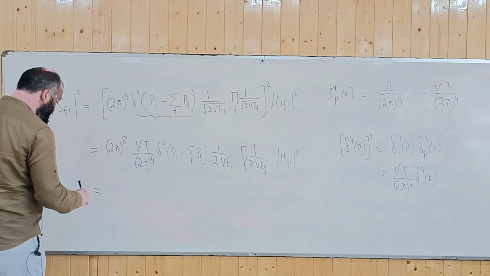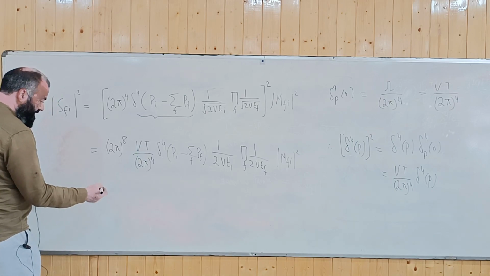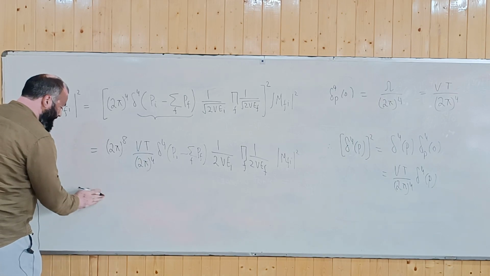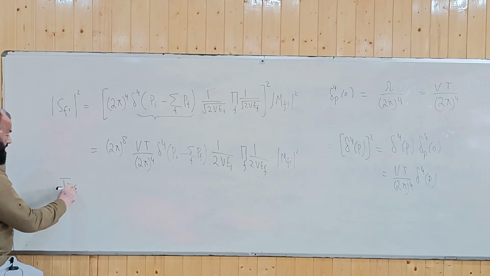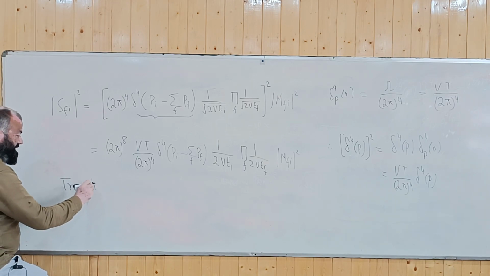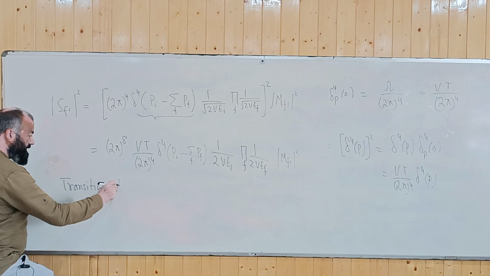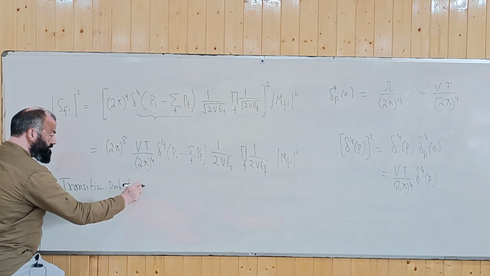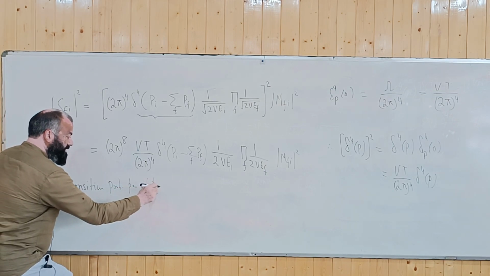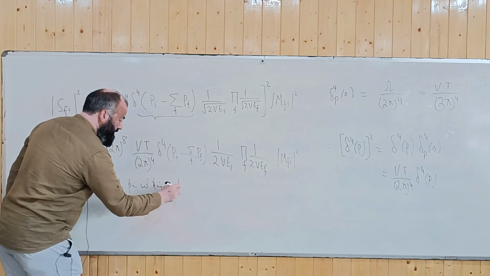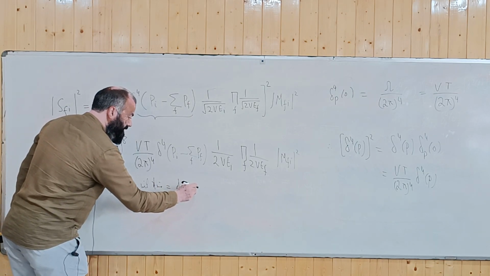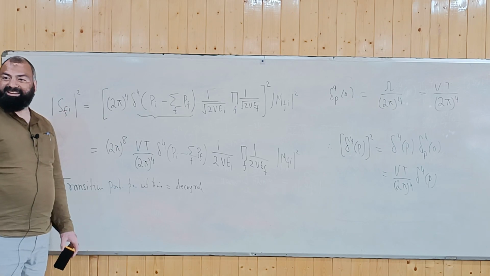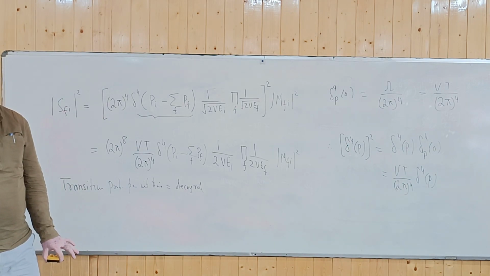Okay, so what do you get? Let me write transition probability per unit time. What does that give? Transition probability per unit time, that is your decay rate. Clear? Is it true?